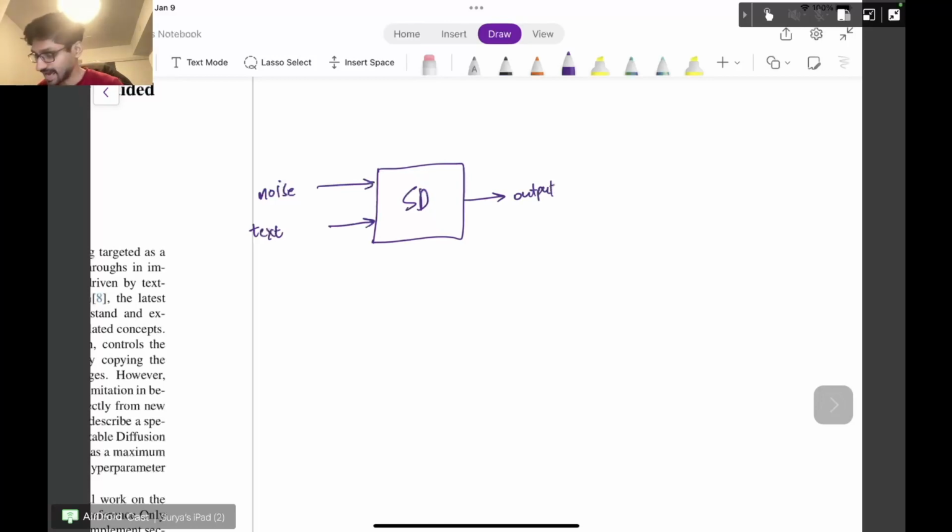And ControlNet acts like an add-on model to Stable Diffusion. So you can imagine ControlNet as being something like this, and what ControlNet takes as input is the structure of the output. So by structure, it can be the edge image, depth map, segmentation map, and so on.